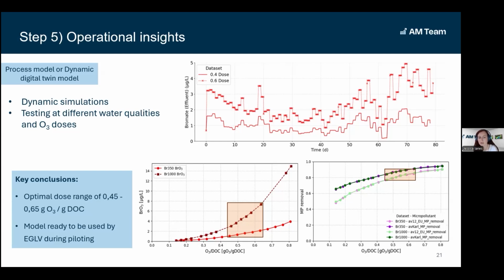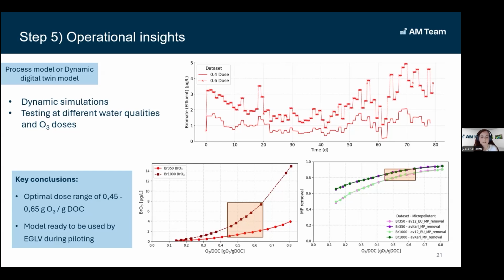And on the right, you can see the two series represent the average for the micropollutants of the CAR list, but we also wanted to assess the average removal for the 12 micropollutants of the European Water Directive. So we were able to also report and suggest an optimal dose range.